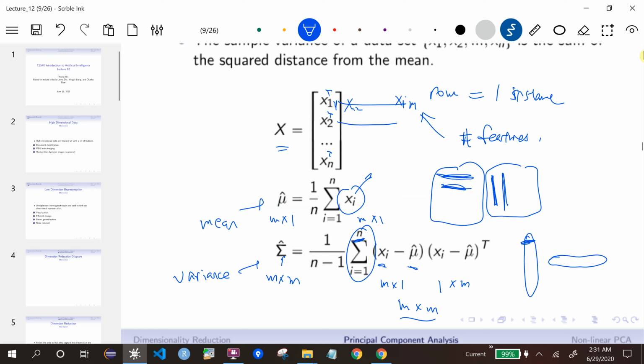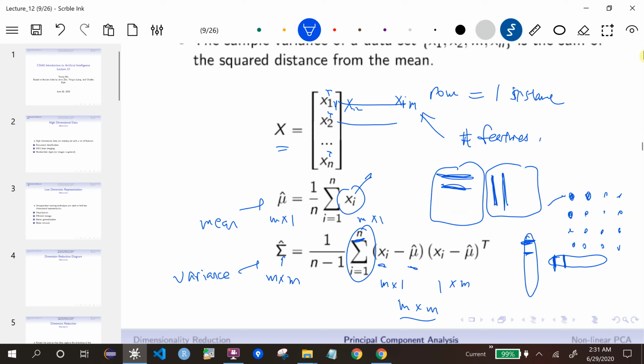The first row multiplied by the first column gives you one single number. The second row multiplied by the first column gives you the second number. Similarly, you can do the first row multiplied by the second column, and if you keep doing that, you'll generate a bunch of numbers that form a matrix.